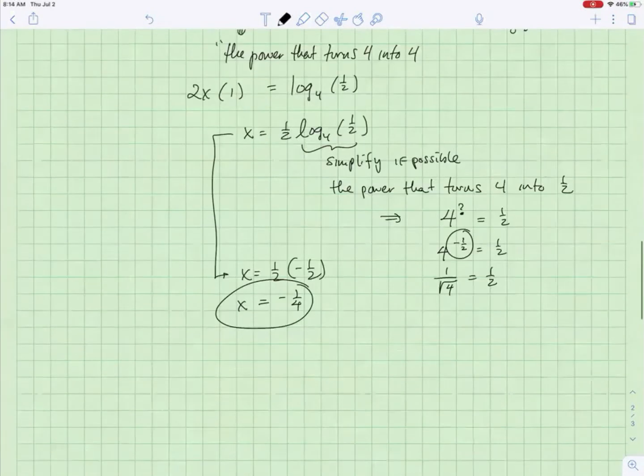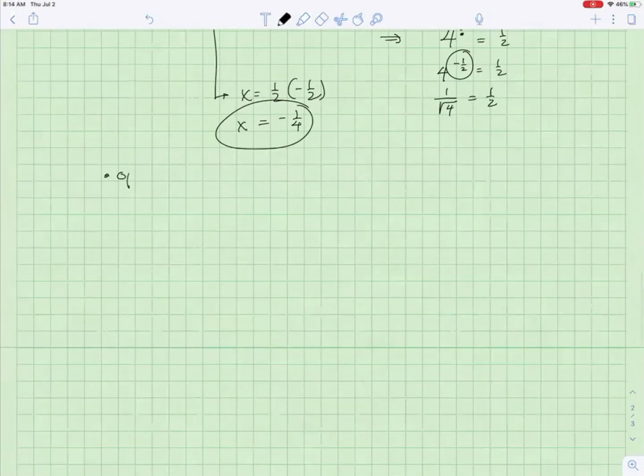But we have a second option. Option 2, and this might be the best way to go if you know what you're talking about. 4 to the 2x is equal to 1/2 is our equation. And if you followed yesterday's conversation about translation, just translate it into log form. What do I mean by that?